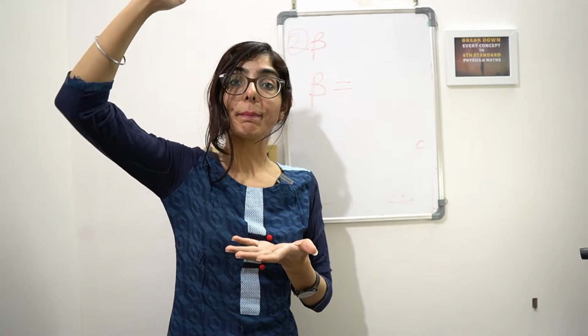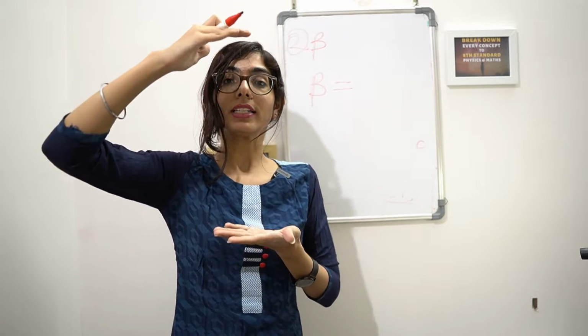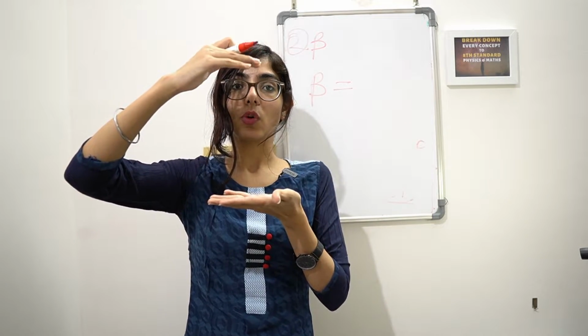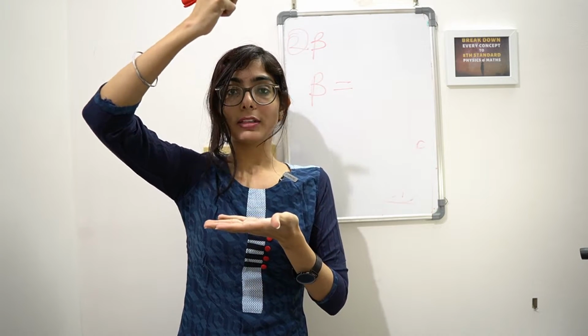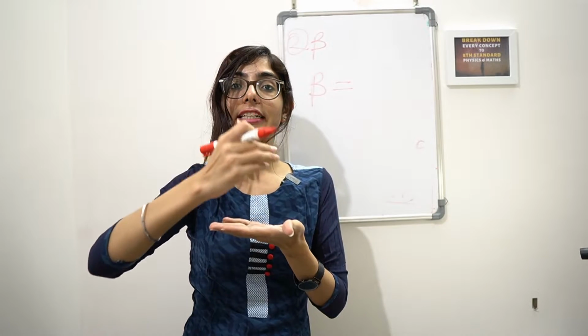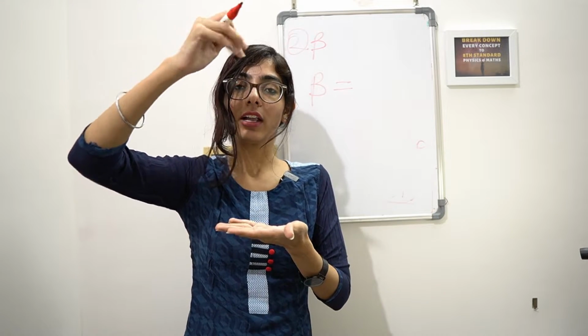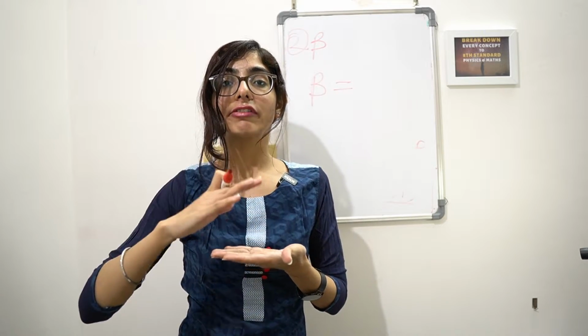Suppose I am applying pressure and there is a negative change in volume, because suppose the system is here and I am applying pressure from outside, from a piston. Obviously the change would be negative, because suppose the volume is 100. When I am compressing it, suppose it reaches 50.